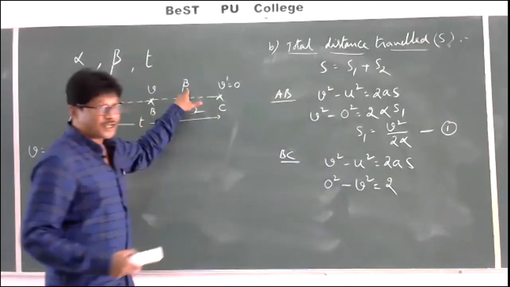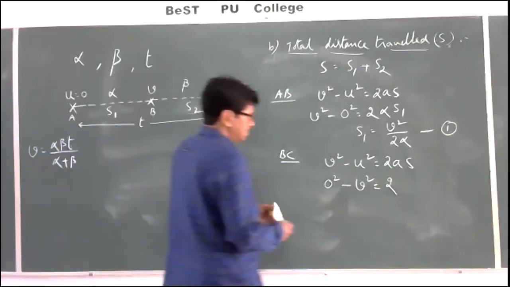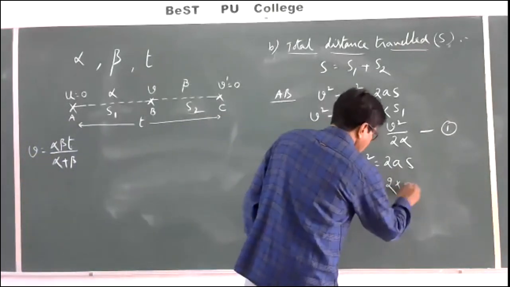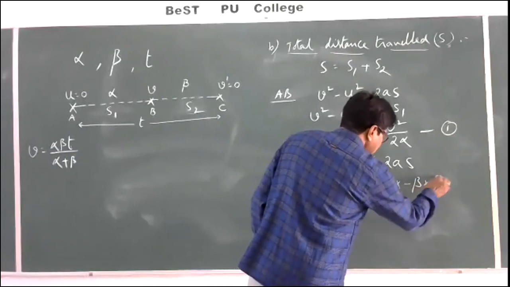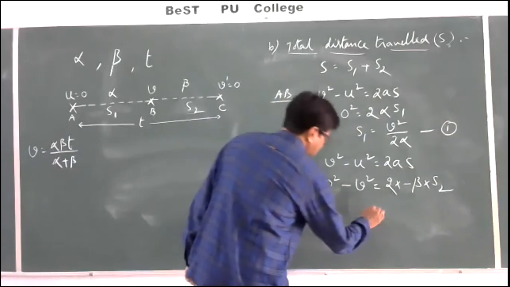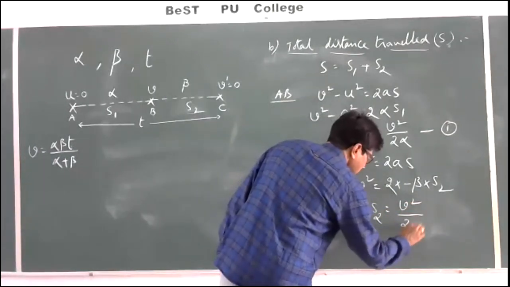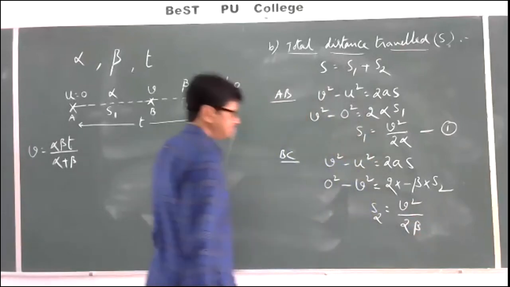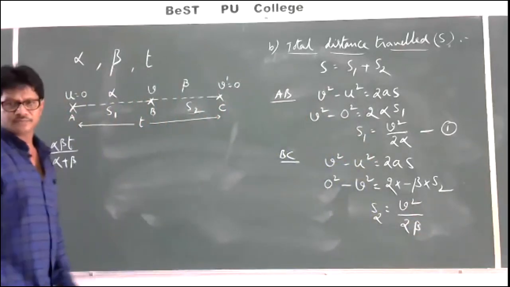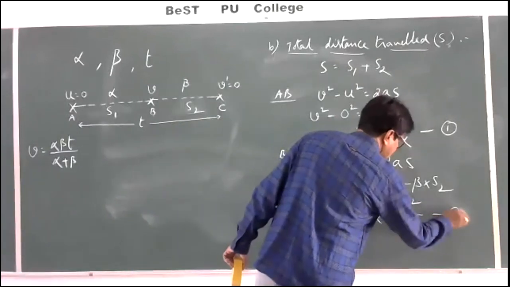Here retardation is beta, so acceleration will be minus beta. 2 into minus beta into S2. If I further simplify, S2 is equal to V square by 2 beta. Call it equation 2.